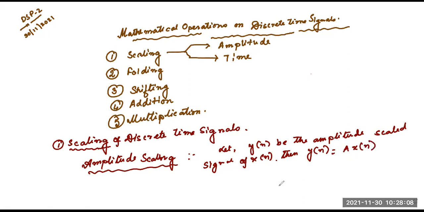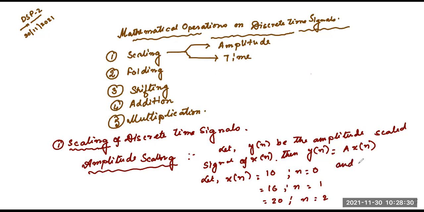Let us suppose x[n] equals 10 for n equals 0, equals 16 for n equals 1, and equals 20 for n equals 2. And the amplitude value A equals 0.2.